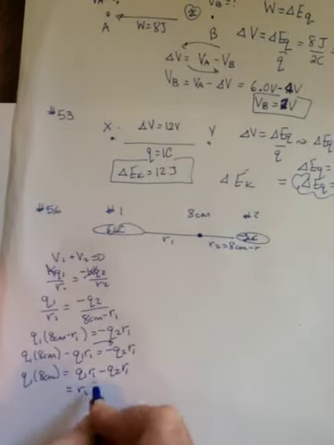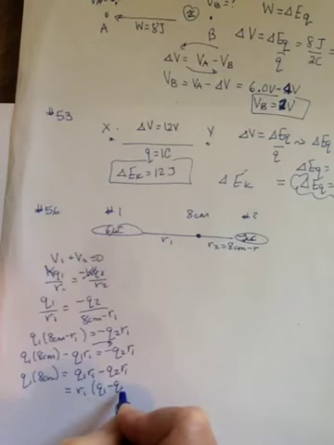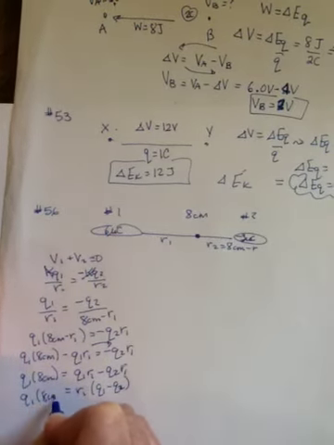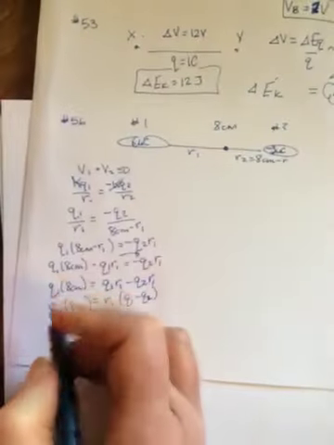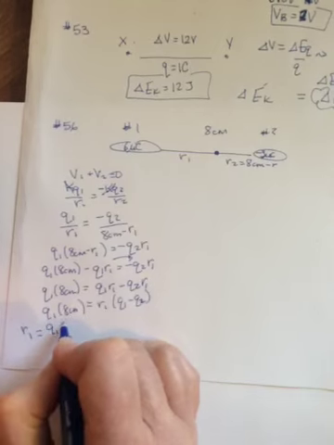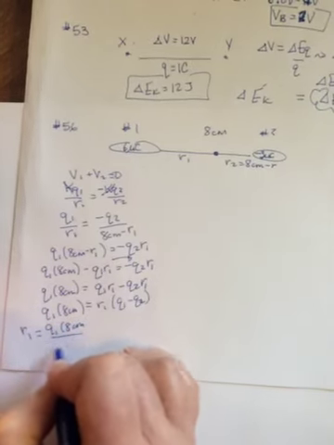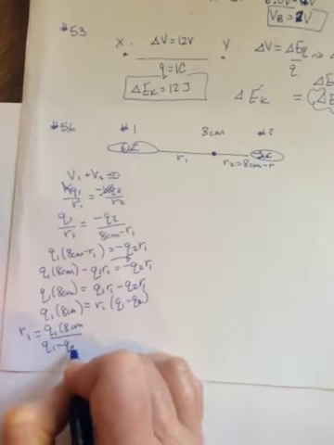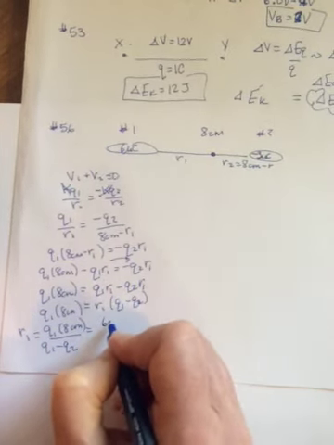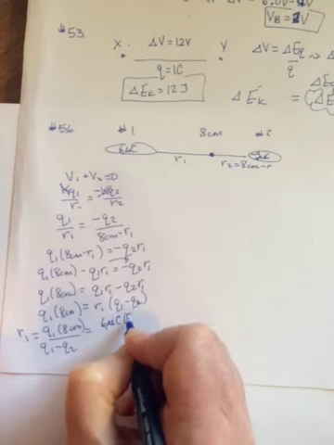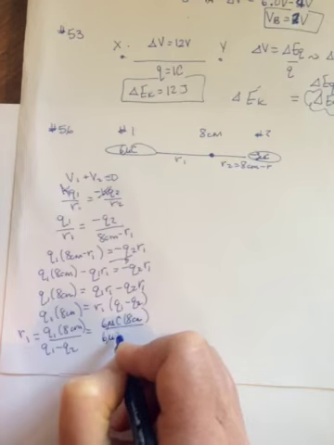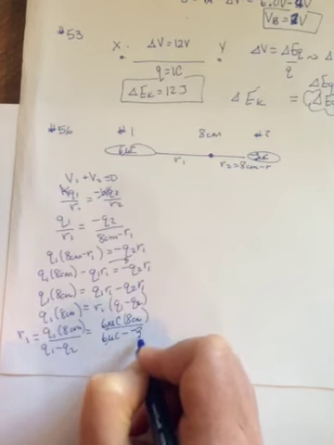Pull out the R1, Q1 minus Q2, and then divide both sides by the bracket. And so we will have R1 equals Q1 times 8 centimeters over Q1 minus Q2. So Q1 was our positive 6 microcoulombs times 8 centimeters over positive 6 microcoulombs minus a minus 3.